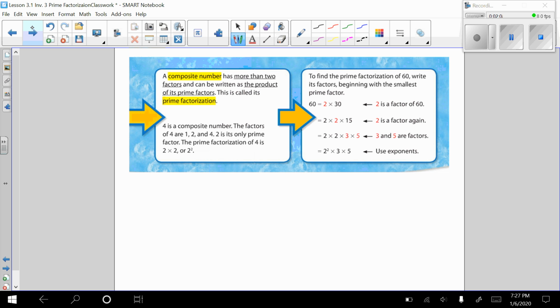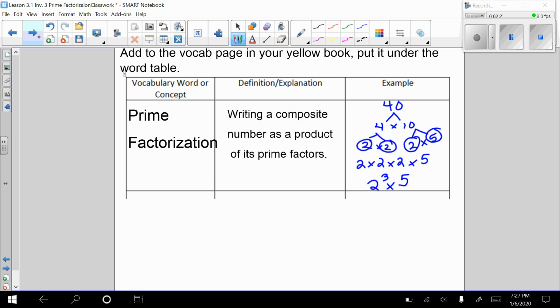I can break down 15 further. Now I still have the 2 times 2, but 15 breaks down into 3 times 5. And then write it as an exponent. Well, I have 2 of the 2's, so I could write that 2 to the second power times 3 times 5. And if I put that all on my calculator, I would see that it equals 60. So that is what you consider prime factorization.